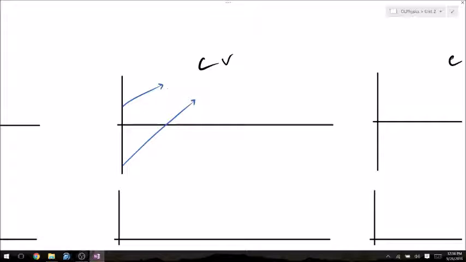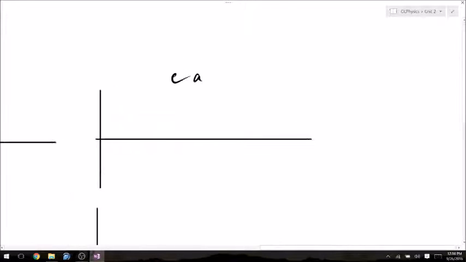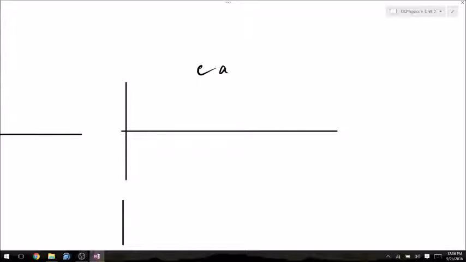The last one, remember this is a displacement versus time graph, is constant acceleration. The idea is that after each second, we're increasing the amount of distance that we cover. Another way to explain it would be that our velocity also gets more and more positive. An easy one to identify is definitely this one.